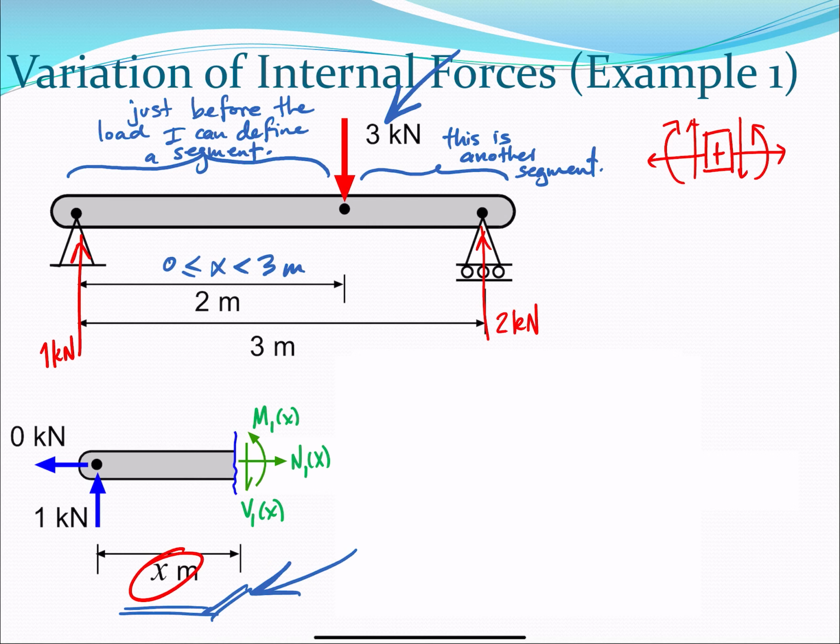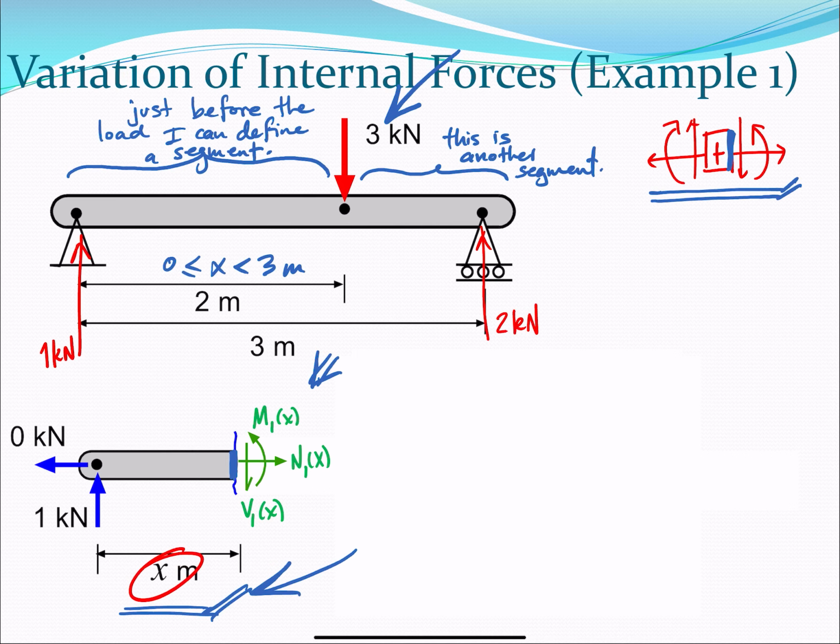And I have exposed my internal forces that you see here. I'm using, of course, my convention of signs. And just as a reminder, for forces on this right-hand side face, I'm using these forces in the right-hand side of the convention of signs.